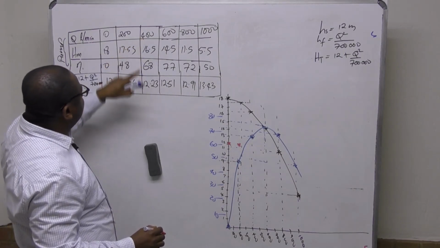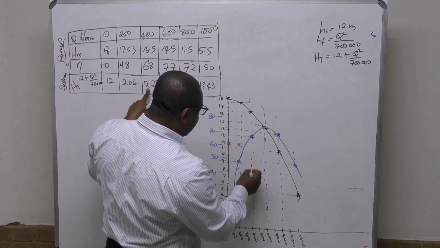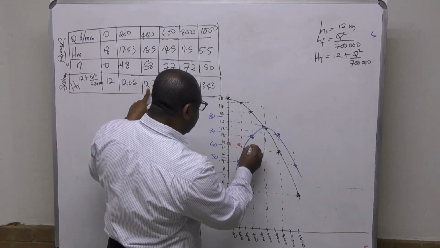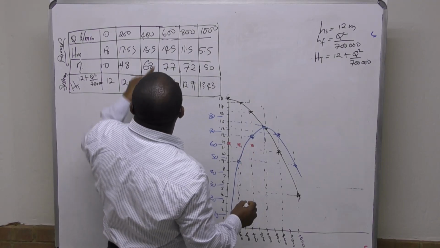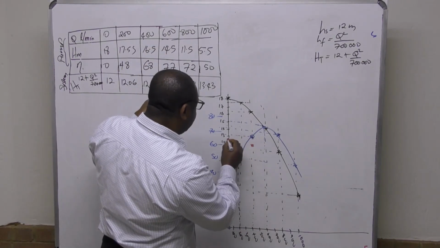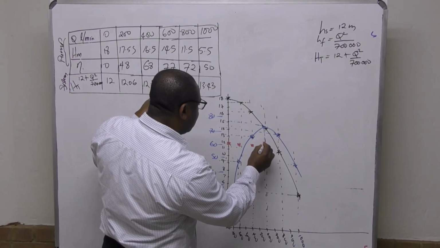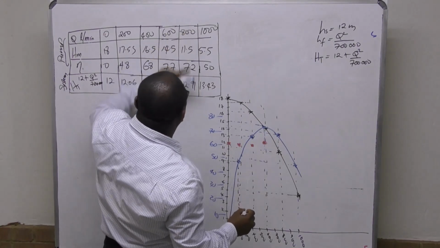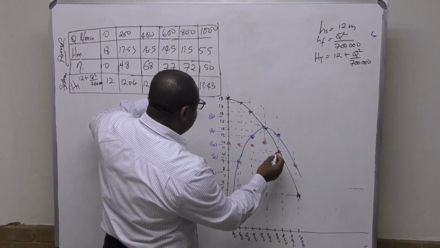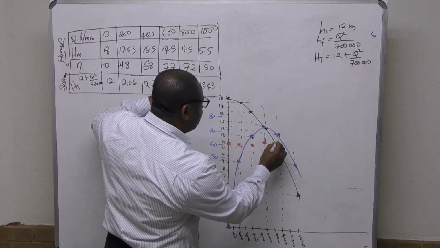When this is 400, this is 12.23. It's just increasing a little bit. When this is 600, this is 12.5. When this is 800, it goes to 12.9, almost 13, but just say 12.9 somewhere there.